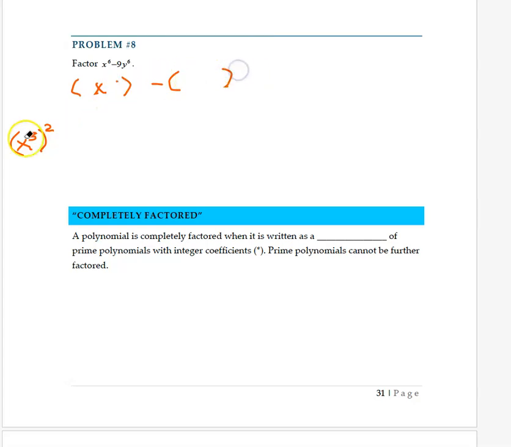So let's try it the other way around, like I wrote here, and see what we can do. If we have something squared minus something squared, then we'd have x to the third squared, and here, if I take 3 and square it, I get 9. And if I take y to the third and square it, I get y to the 6th.